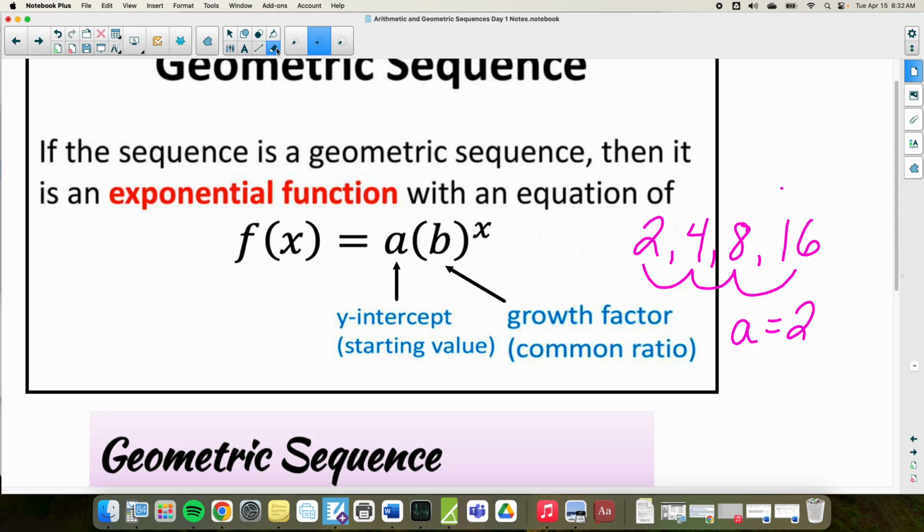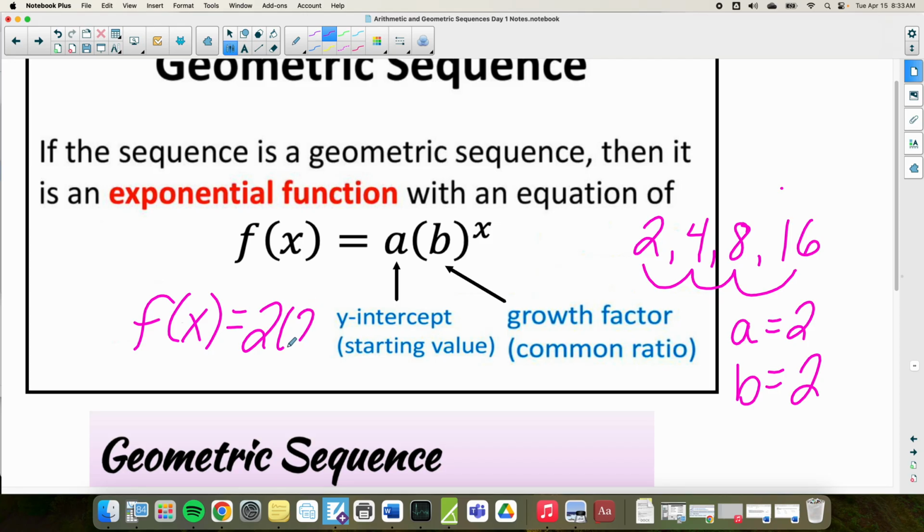For B, what you do is what are you multiplying by each time? And that is also 2 in this case, okay? So when you do this one, it would be f of x equals, your A is 2, your B is 2, and it would be to the x power.